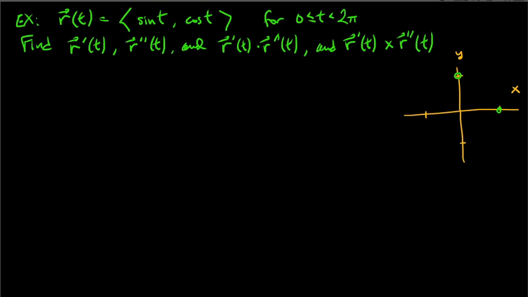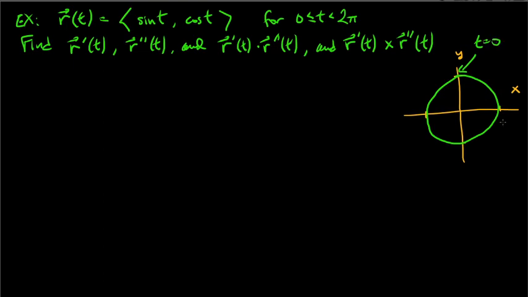So you can see what's happening. You get the same circle, but you're going clockwise instead of counterclockwise, and you're starting at the top instead of at the right-hand endpoint. So it's kind of a messy circle, but it is a circle. It's the same circle, but a different parameterization.